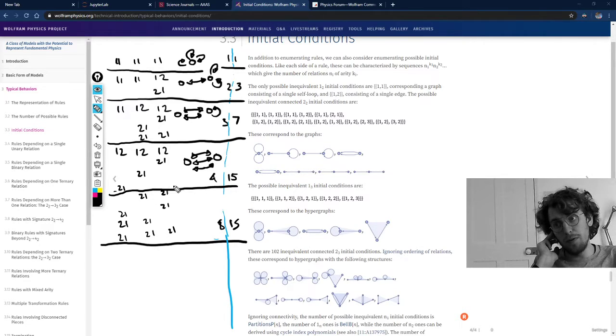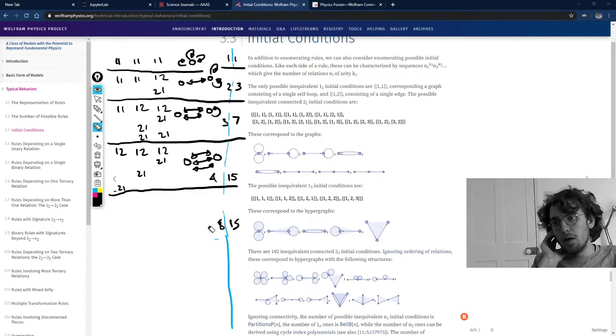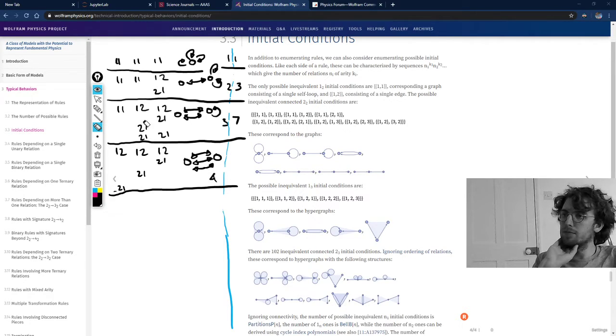For example, this one is this one if we swap 1 and 2. We don't have 15 anymore, we have 11.